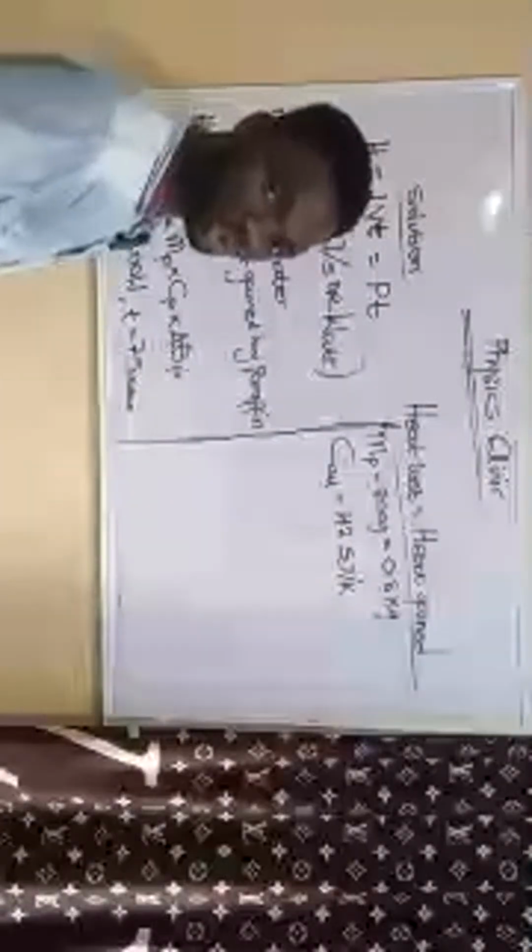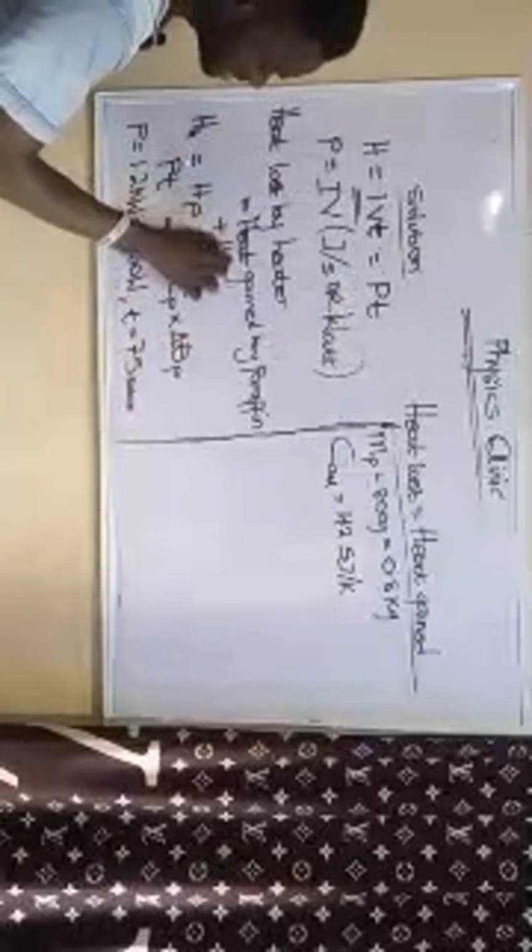So we are also considering the heat that was gained by the calorimeter. I think I will have to change that here: heat gained by paraffin plus heat gained by calorimeter. So it is not just the paraffin that gains heat. The calorimeter that is containing the paraffin also gains heat.